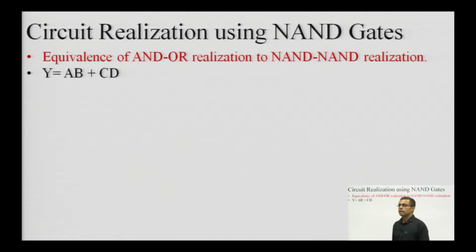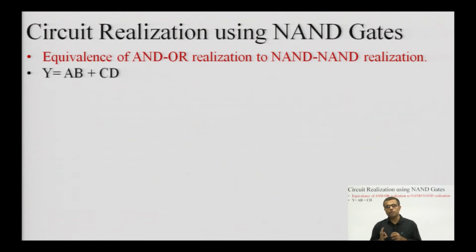Now, coming to the NAND based realization of any expression. I have to obtain some kind of a rule, so that I can easily obtain the NAND based realizations of circuits, because if I use the universal realization based equivalents of AND or NOT versions, quite a number of gates will be required.